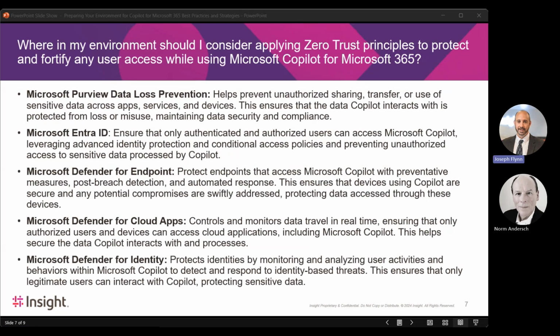Okay, so Zero Trust principles. Now, we talked about E5, we talked about Copilot and the recommendations and the common questions around what customers should do or what you should start thinking about when trying to implement Copilot and how to make sure you're secure. And Norm, before I throw my question to you, what we commonly say to customers is the best practices of what we've been trying to communicate over the past 5 or so years, right?